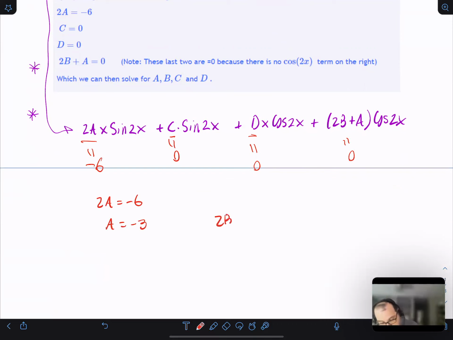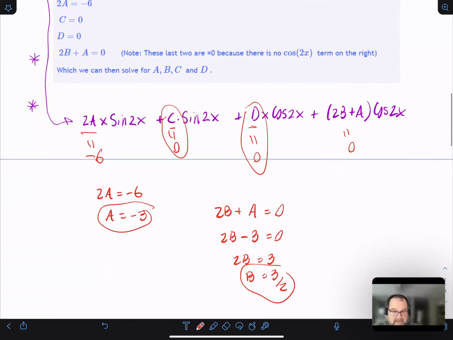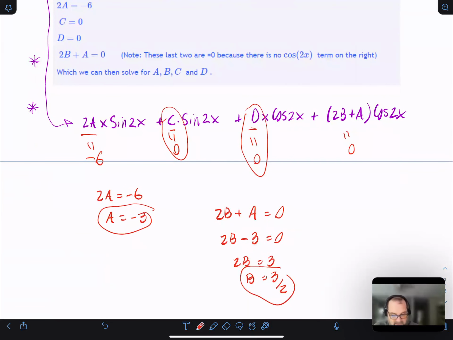And if 2b plus a equals 0 and a is -3, we have 2b minus 3 equals 0, 2b equals 3, b equals 3/2. So we have our solution. The c is 0, the d is 0, a is -3, b is 3/2. And again, this is the idea of equating like terms to solve an identity like this. This is a skill we will be seeing a lot of in this section and the next.